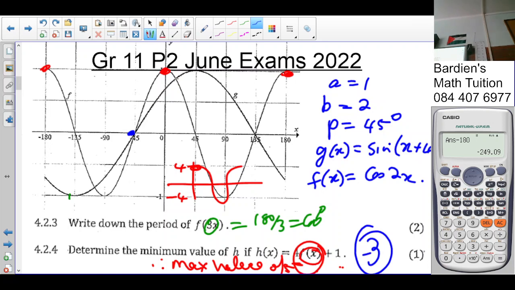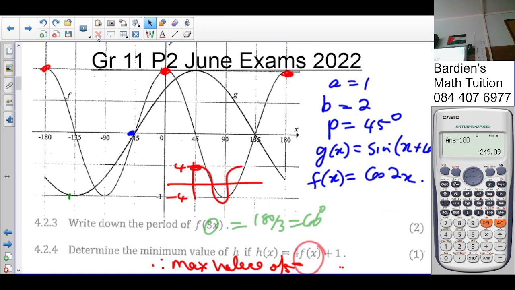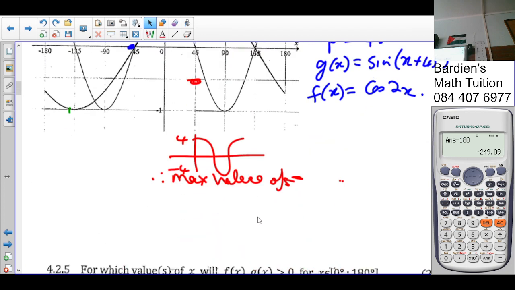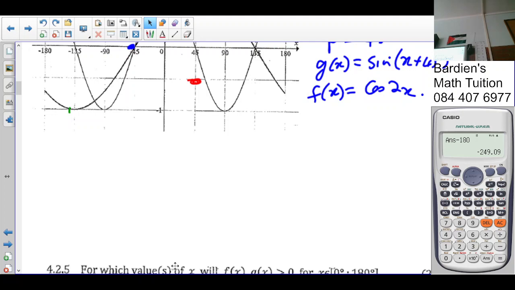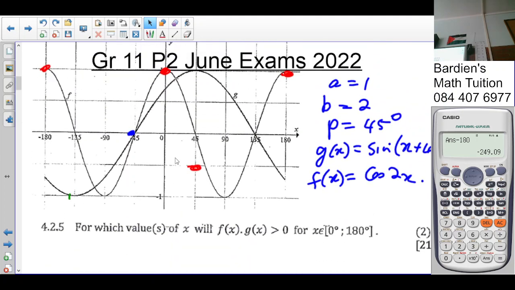The minimum value is minus 3. Sorry about that. I would not have gotten full marks. You see now? Is that the one mistake you also made? But you got that right? Wrong, okay.